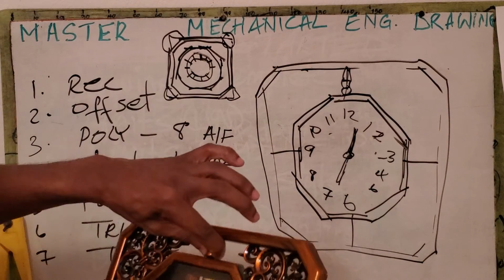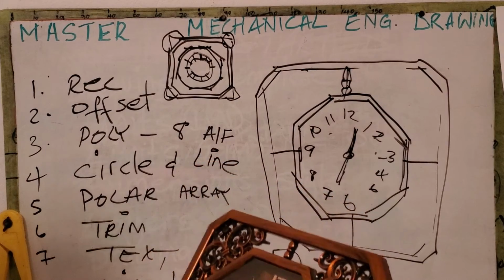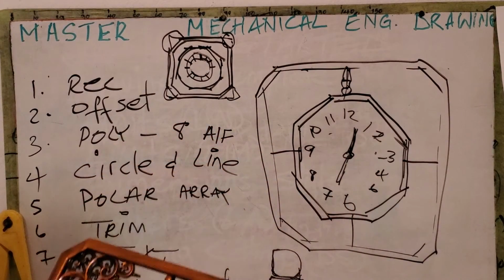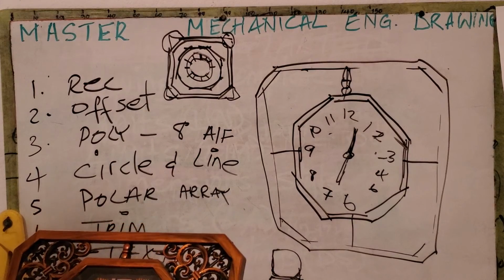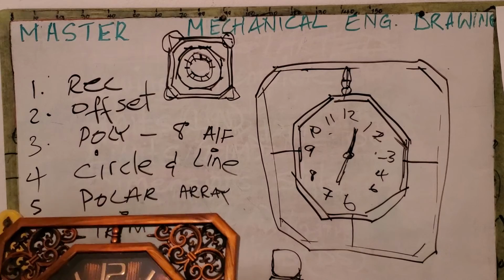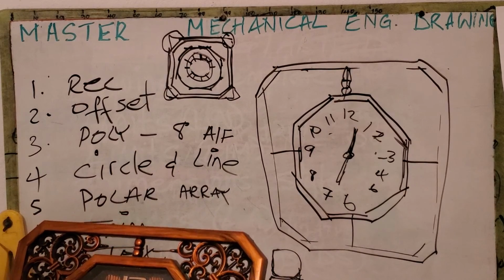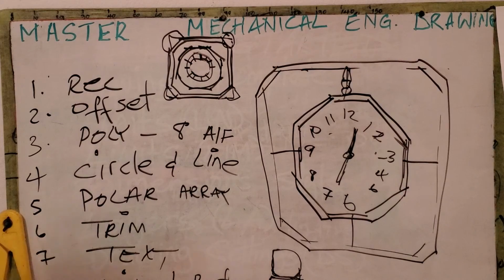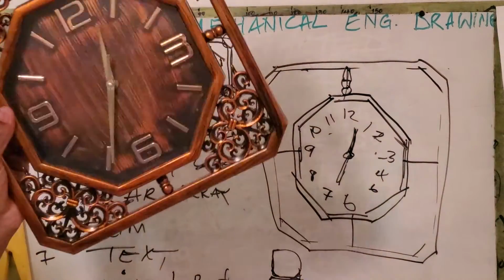Then I would copy one here, rotate, place one here and place one there. And if you want to add a little bit more detail, you could use Archimedean spiral to get that. But that's pretty much how I would draw this in AutoCAD from the physical object.